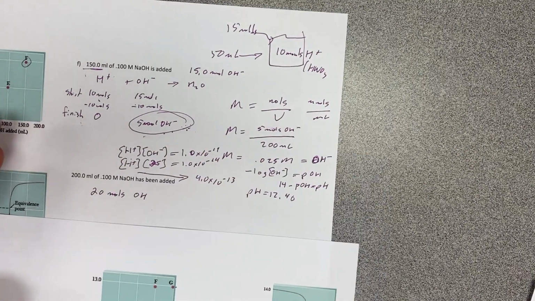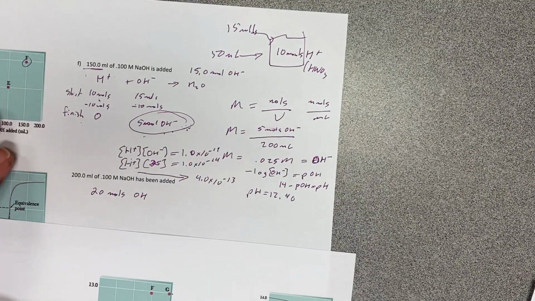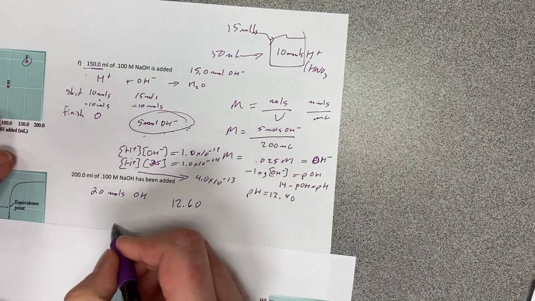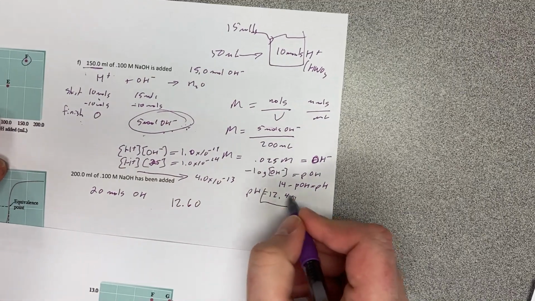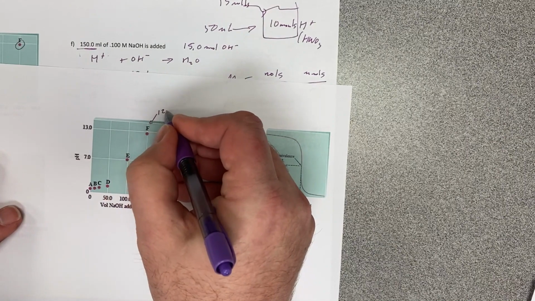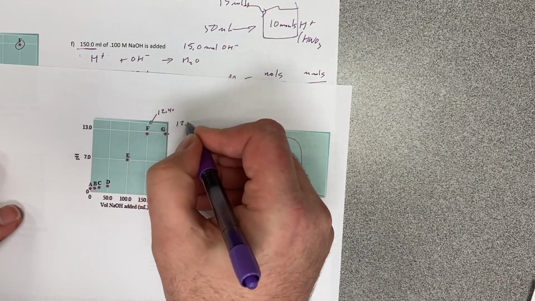So the pH, if you did 20 millimoles, you'd end up with a pH of 12.60. So it's 12.60, and this was originally 12.40. So on this graph right here, this is 12.40, this is 12.60.